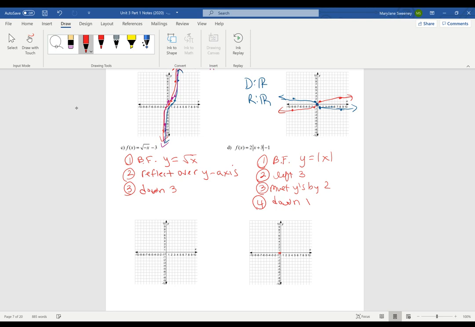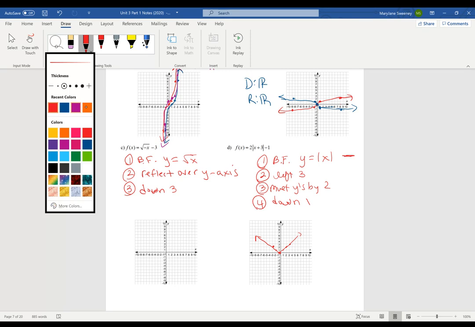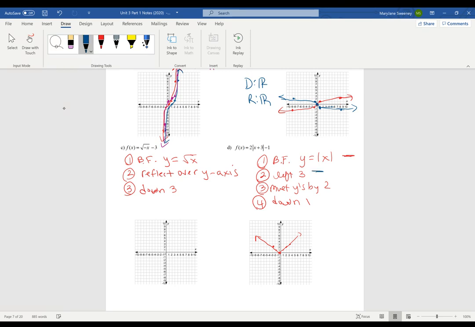Okay, so absolute value, this is the one that looks like a V. So it's going through the corners here of the graph. Okay, then we're going to do a left 3. So then every point gets moved left 3. And then again, it just goes diagonally through the corners.